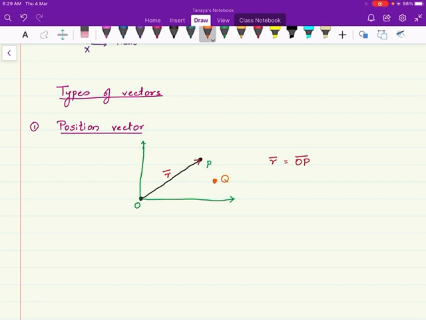I will draw another line from the origin, and this becomes my position vector OQ bar. This OQ bar will give me the position of the particle at Q. So this is what position vector is.